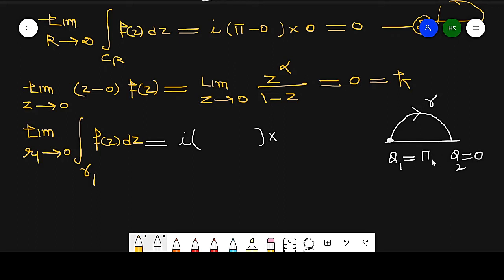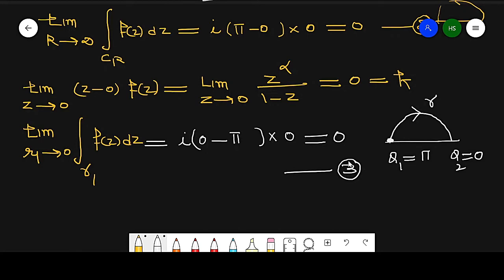So this is 0 minus pi, not pi minus 0, because this direction is clockwise. So this is 0 minus pi times 0, so this total term is equal to 0. This can be written as equation number 3.